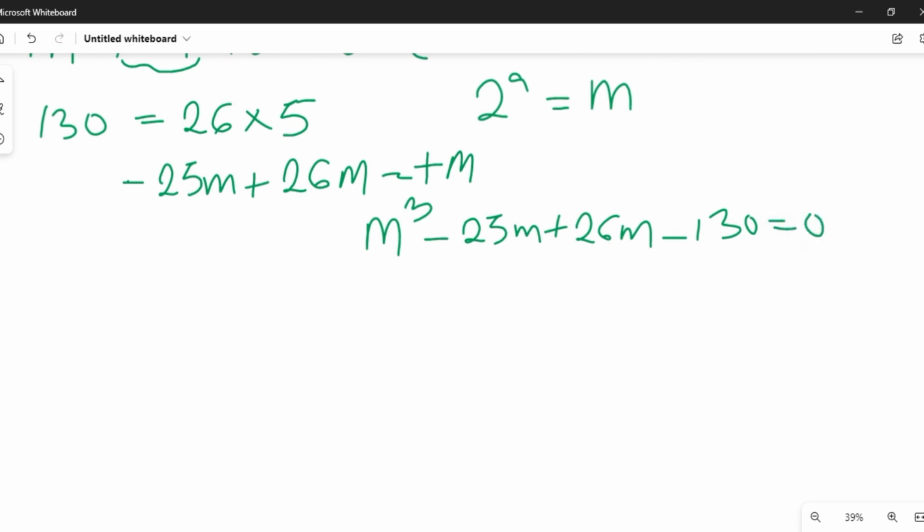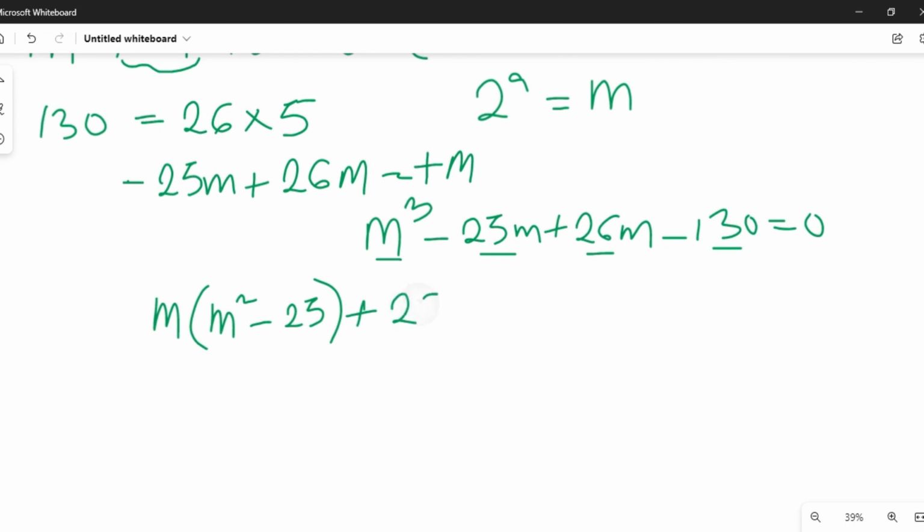So if we simplify this, from these values we bring out m, then we'll have m squared minus 25. Then for over here we'll have plus 26m minus 130. What is common in this and this? We'll see that 26 is common.